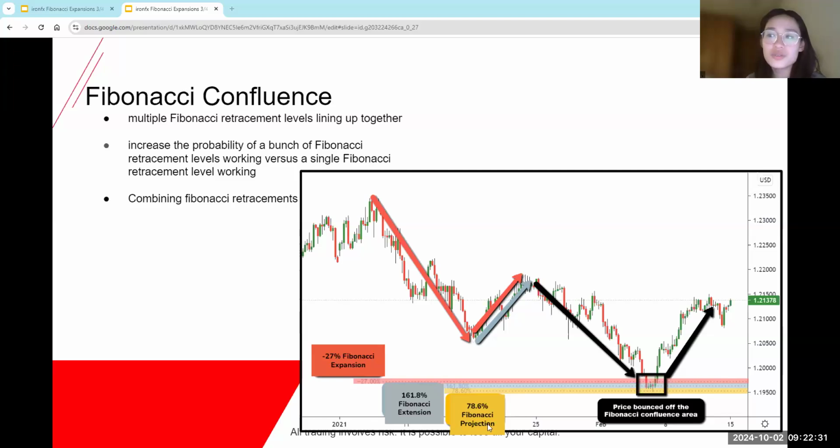This uses the Fibonacci extension tool on TradingView, and I will show you in a little bit. They use 3 points as indicated here. And the 78.6 projection lines up with the 161.8 extension, lining up also with our expansion. So you can see price bouncing off this Fibonacci confluence area.